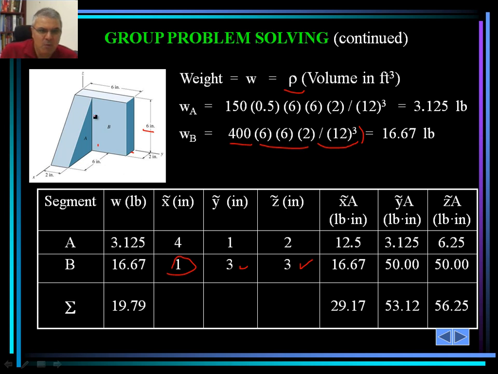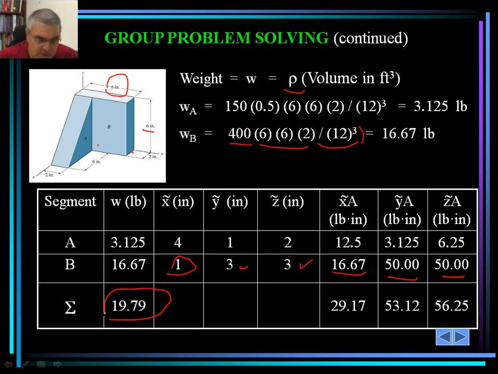In the Y direction, it would be half of this 6 inches. And this is going to be tabulated here. For A, we're using a similar procedure. We calculate X multiplied by A, Y multiplied by A, and Z multiplied by A, and we show them here: 16.67, 50, and 50.